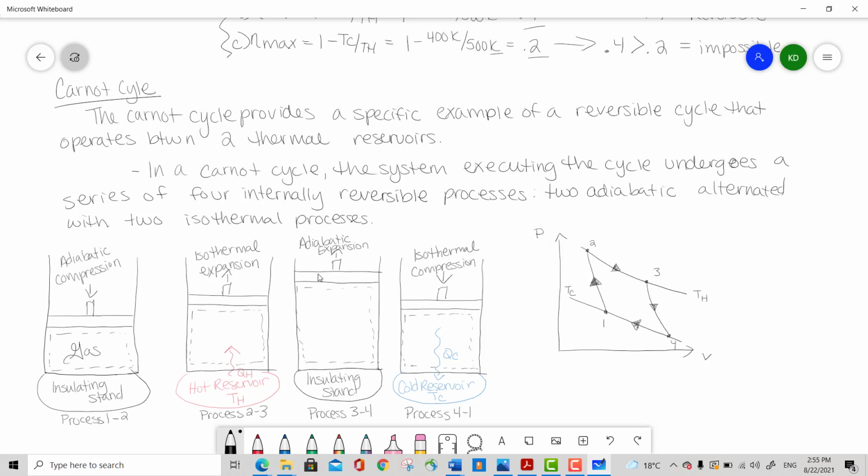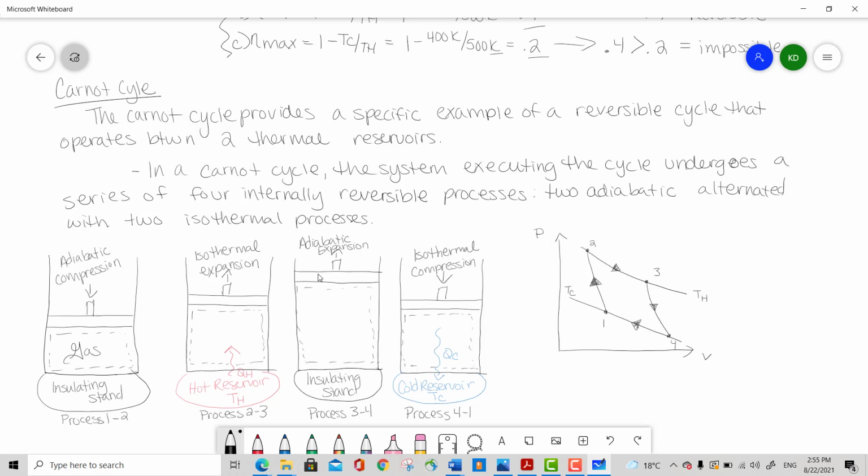And then we have, again, adiabatic expansion, where that insulating stand comes back into play and there is no more heat transfer. And then the isothermal compression, which is QC, when we go back into that cold reservoir underneath. And this process is a cycle, so this isothermal compression is going into adiabatic compression.